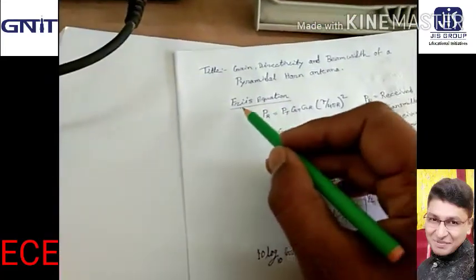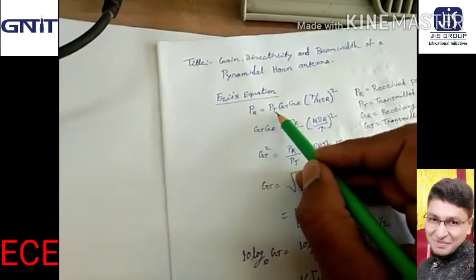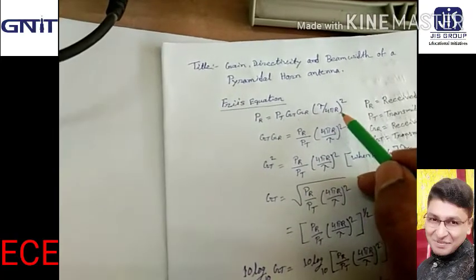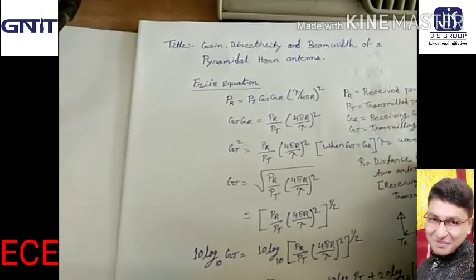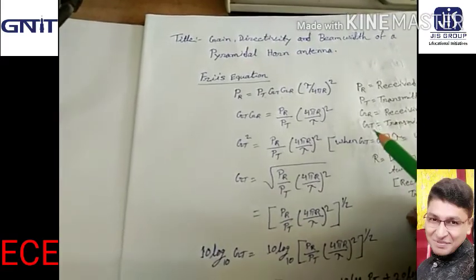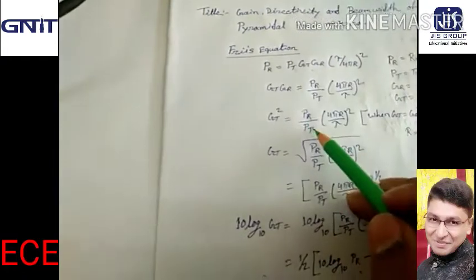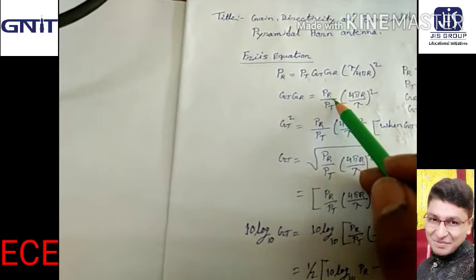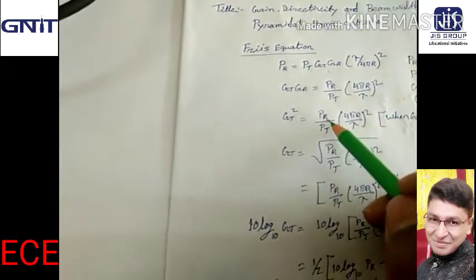Now the Friis equation is PR equals PT GT GR into lambda by 4 pi R whole square. PR is the received power, PT is the transmitted power, GR is the receiving gain, GT is the transmitting gain. Solving this equation, GT GR equals PR by PT into 4 pi R by lambda whole square. When transmitting gain and receiving gain are the same, GT square equals PR by PT into 4 pi R by lambda whole square.